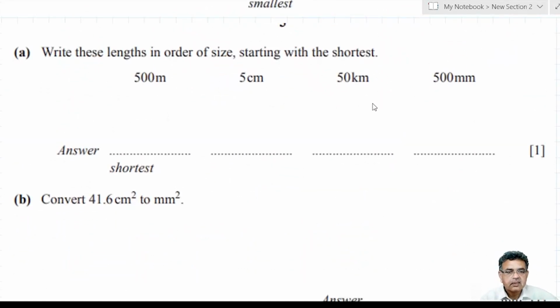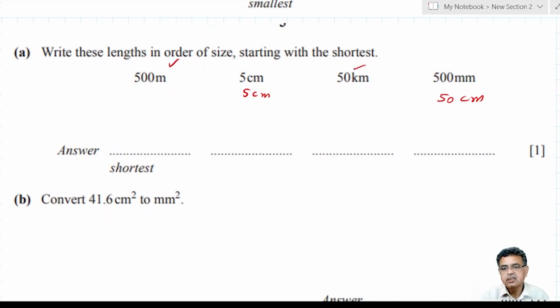Okay, the next one, write these lengths in order of size. Okay, this is 5 centimeter, this is 50 centimeter. 1 centimeter equal to 10 millimeter. So dividing by 10, this is 50 centimeter.